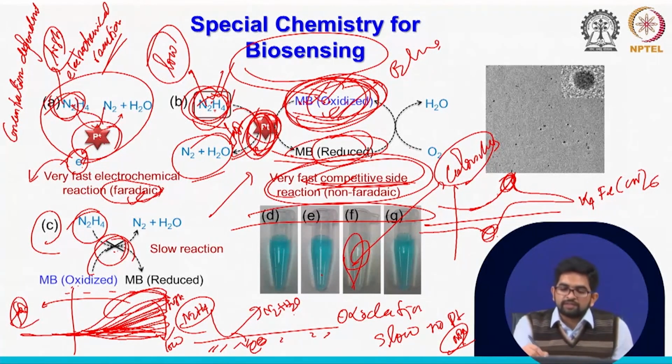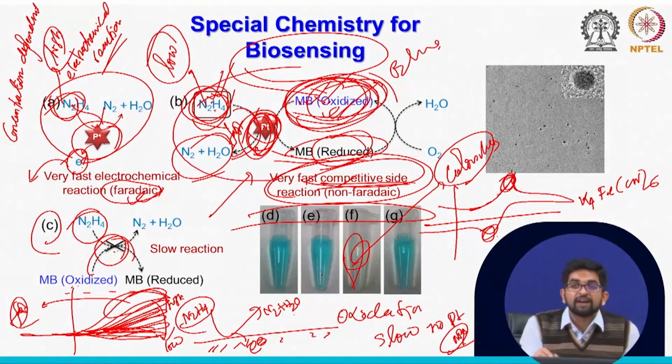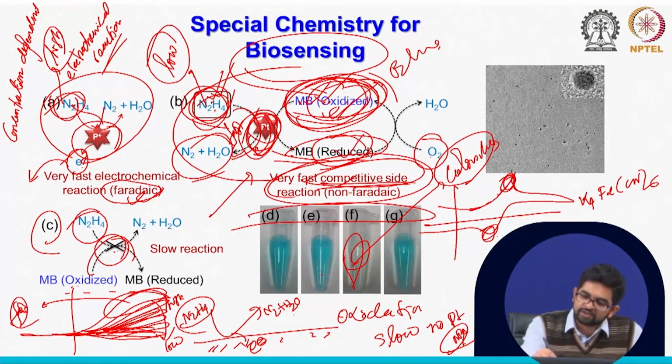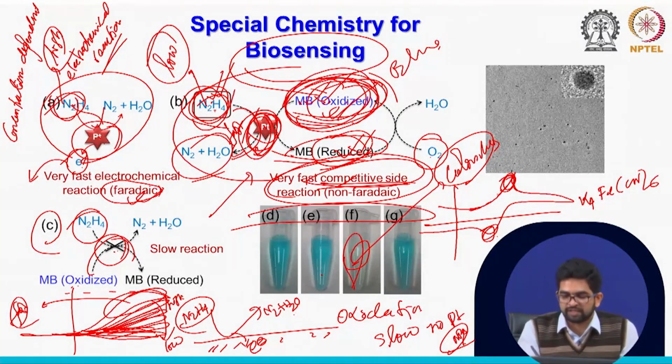But if you keep this reaction for a longer time, this is just for your information, your solution may contain oxygen. That oxygen can again oxidize your reduced methylene blue, and it may form the oxidized methylene blue again, so you may get the blue color again.